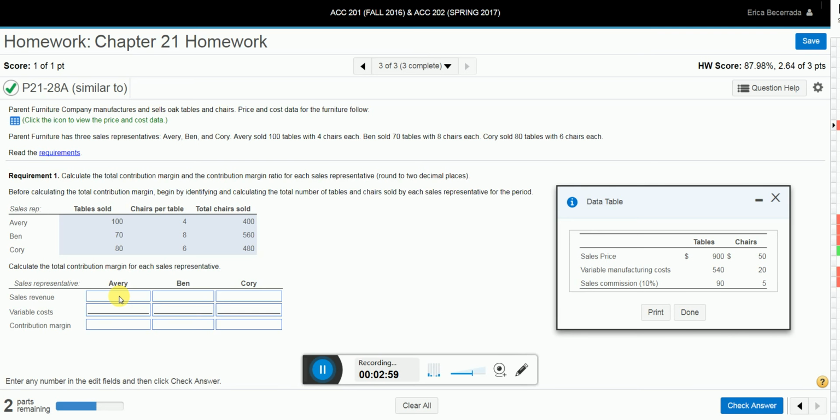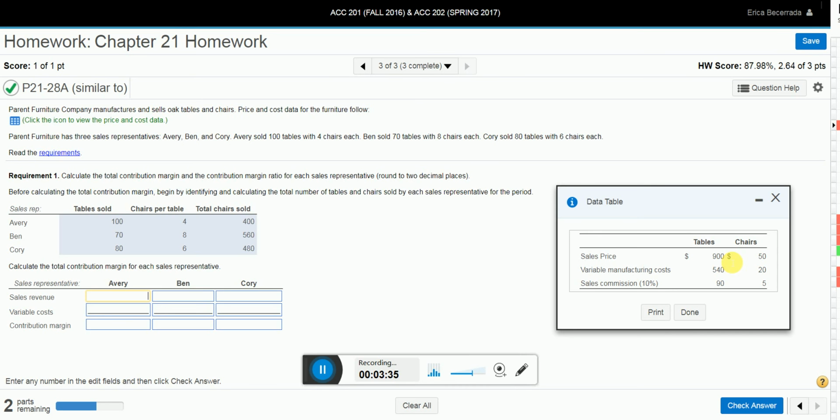Okay. So for Avery, to get his sales revenue, we know that he sold 100 tables. We have to multiply 100 tables by the sales price of $900. That will give us 90,000. So we're going to hang on to that 90,000.